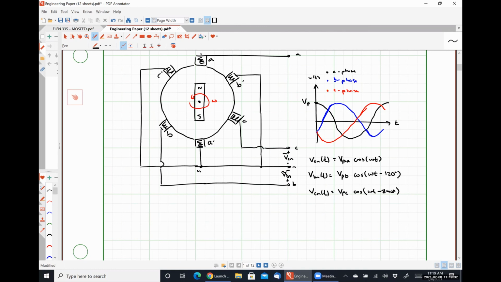I'm going through the effort of explaining this because I've had students say, well, what if you have an unbalanced three-phase source? The only way to have an unbalanced three-phase source is to mechanically screw up your generator, right? Unless you literally start clipping wires inside it, it's always going to generate voltages that have pretty much exactly the same magnitude, and the phase angles are going to be separated by pretty much exactly 120 degrees.